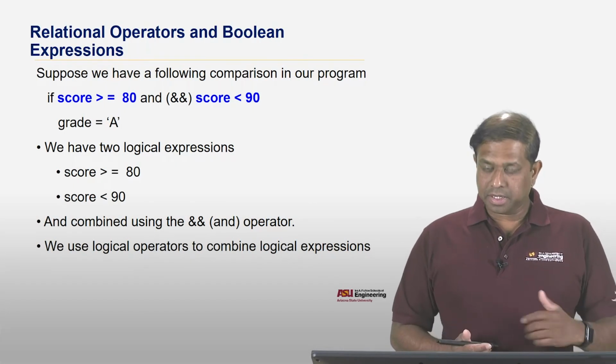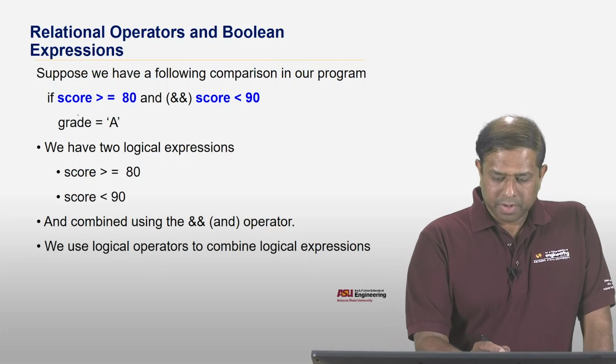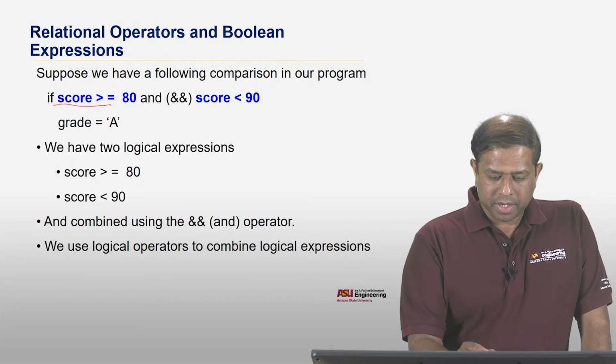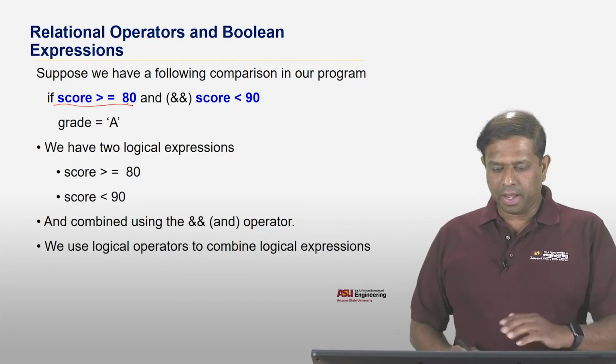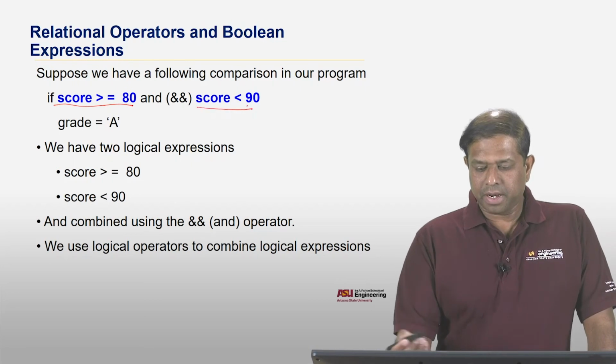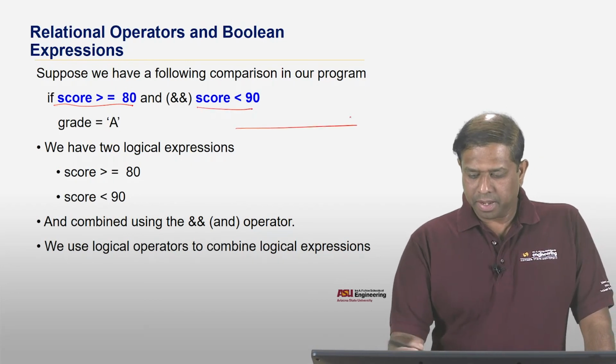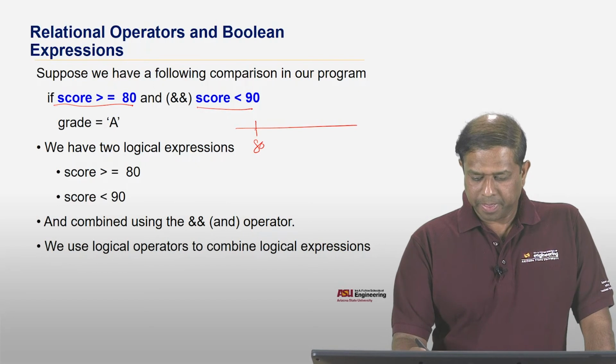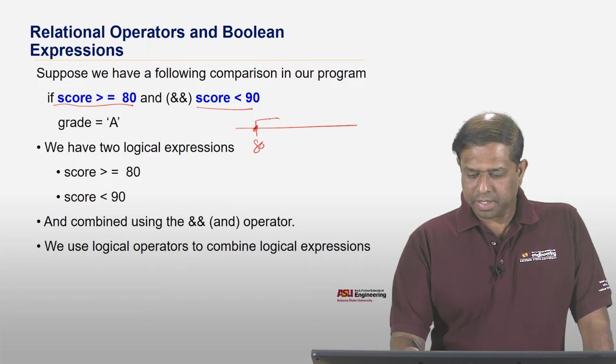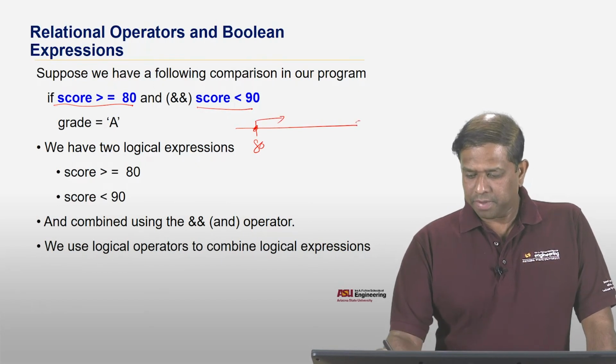The logic is, let's say if the score is greater than or equal to 80 and the score is less than 90. Now if we draw it on the number line, we have 80 here, including 80, this way, and then here we have 90, excluding 90.